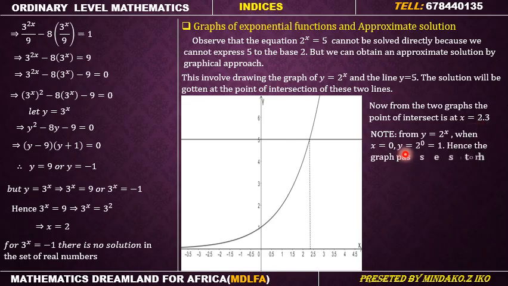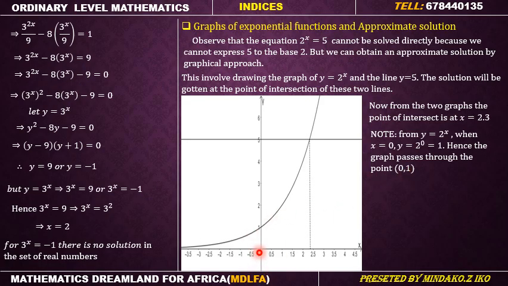We have to note that from y equals 2 power x, when x equals 0, y will be equal to 2 power 0, and anything raised to the power 0 is 1. Hence the graph passes through the point (0, 1). If you come back to the graph, you see that the exponential curve passes through 1, meaning when x is 0, y is 1.